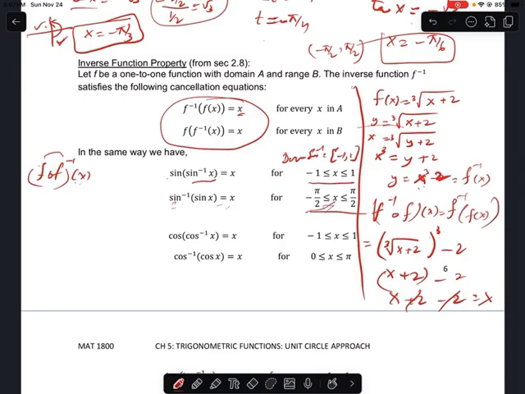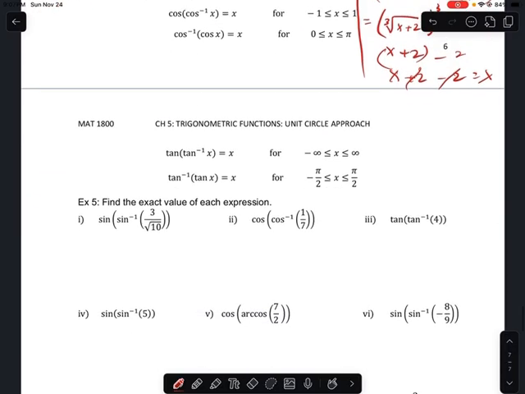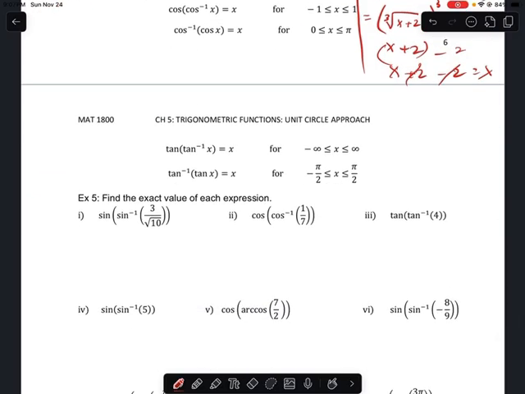Following this property, we have similar properties for these inverse trig functions. If you compose sine with the sine inverse function, we can write it as sine of sine inverse of x, then it will give us x if x is in the interval -1 to 1.